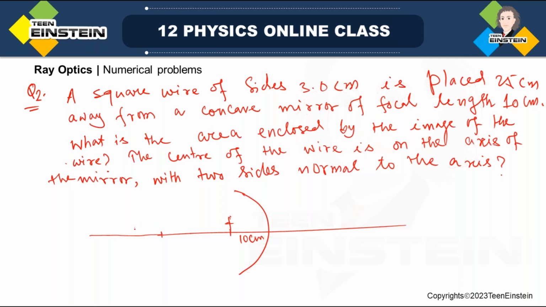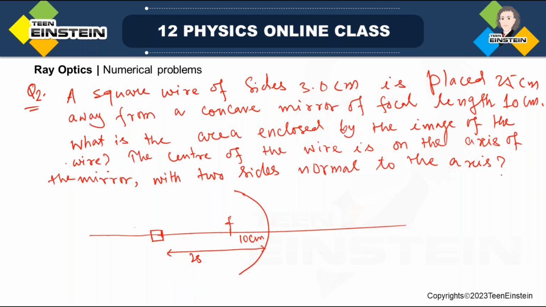So a square of 3 centimeter like this. I'm just trying to make a square, okay, like this. So this is the object distance from the pole.